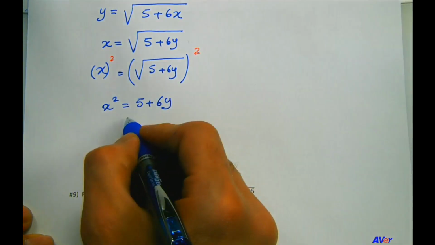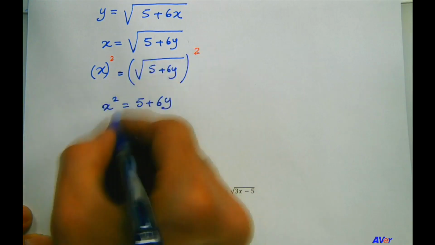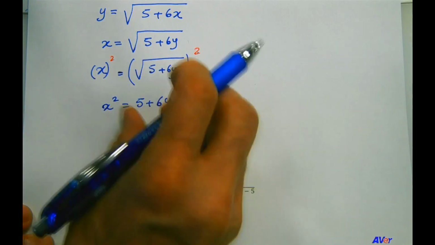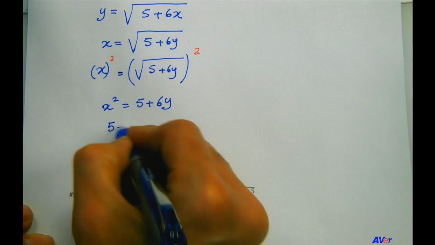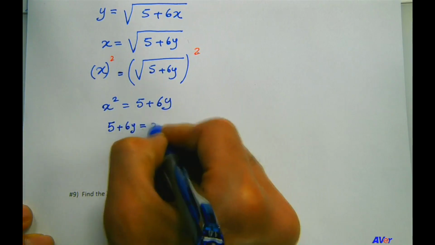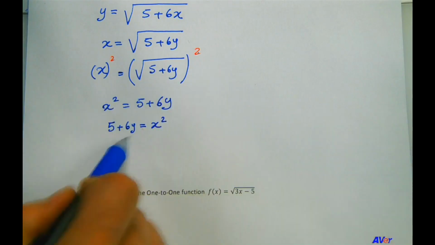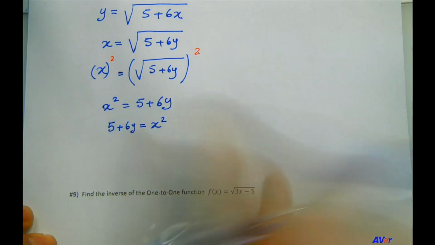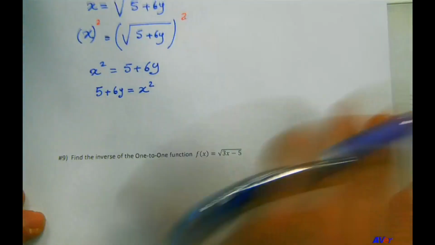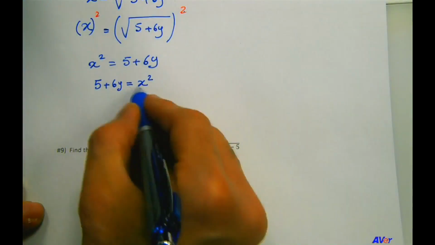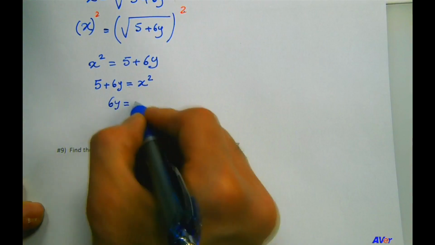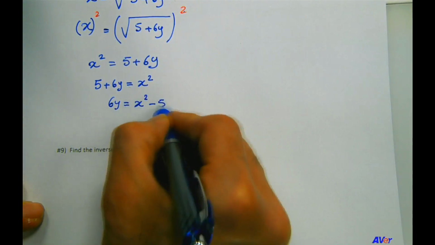So I'm going to keep everything the same, but put this on the left. So 5 plus 6y equals x squared. Notice this is the same thing as that, but now the variable that I'm solving for is on the left, which I prefer. Then, 6y equals x squared minus 5.